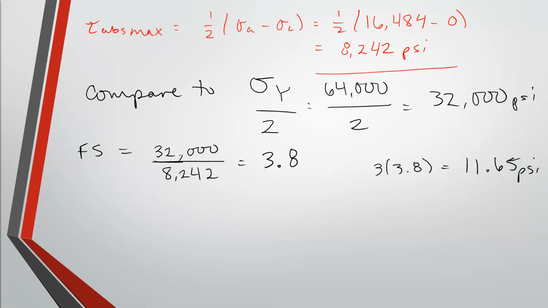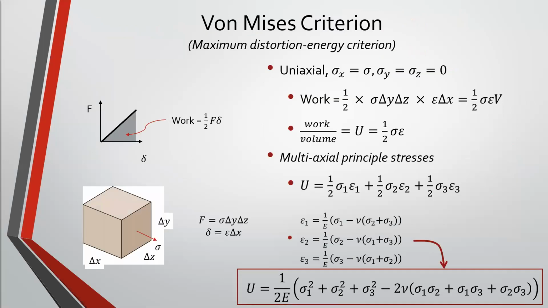Other questions? Okay, cool. So that's Tresca. But there's also von Mises. These are 2 different theories that aim at doing the same thing. They're both aiming at predicting whether or not you're going to yield. Does it just matter what type of values you have?